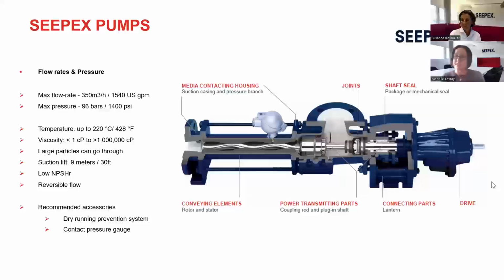The recommended accessories with progressive cavity pumps are a dry running prevention system to protect the elastomeric stator, and a contact pressure gauge.